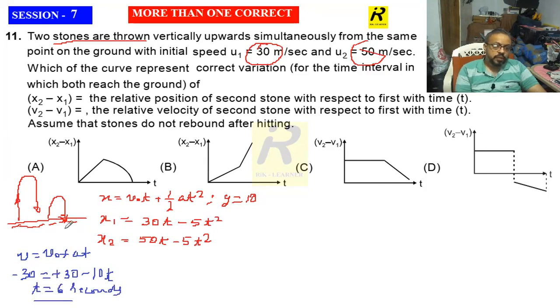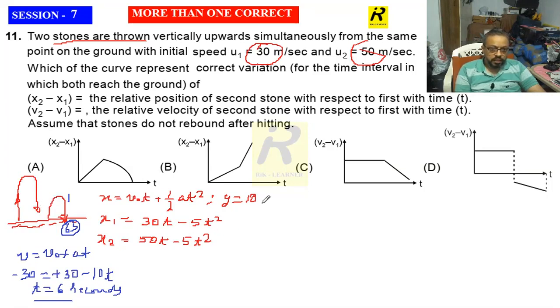That means the first stone will reach the ground in 6 seconds, but still the second stone lies in the air, and probably it may be coming down.